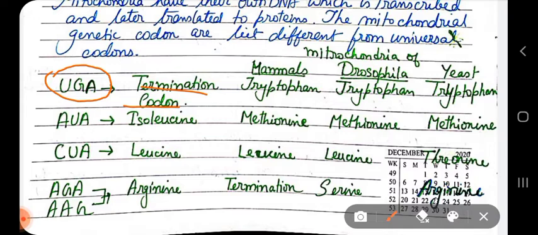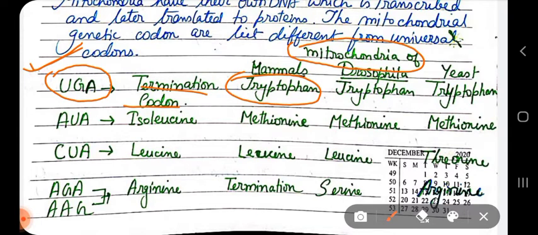Generally we know that this is the termination codon, but within the mitochondria it represents something else. The mitochondria found in mammals code for tryptophan, not a stop codon.